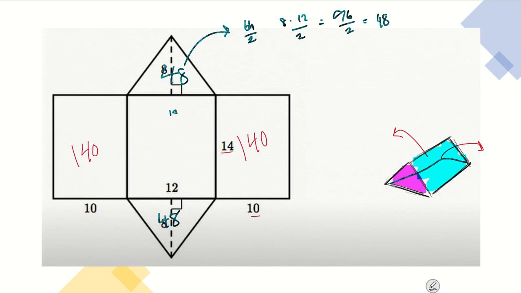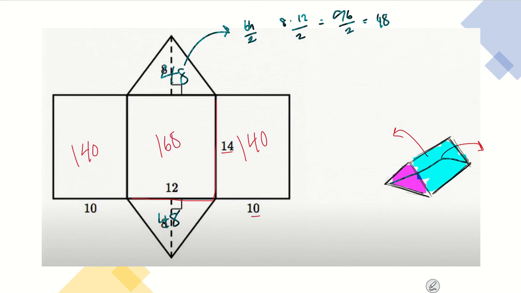We've got 12 as the base and 14 right here is the height. So it's 12 times 14, which is 168. There you go.